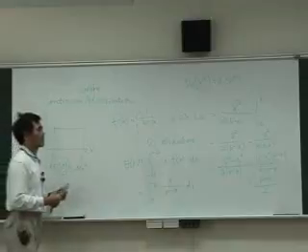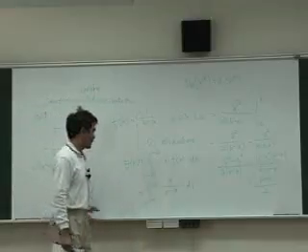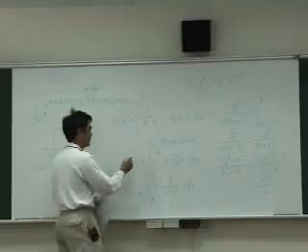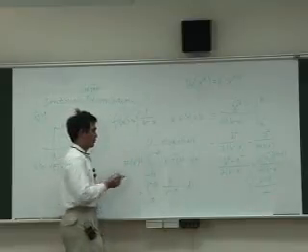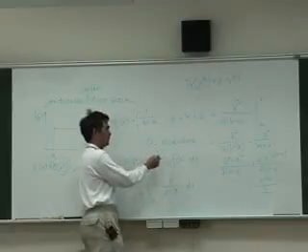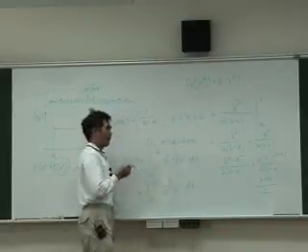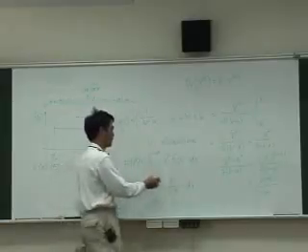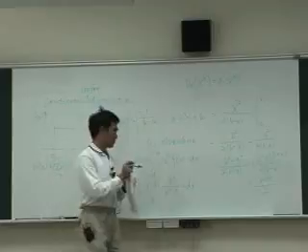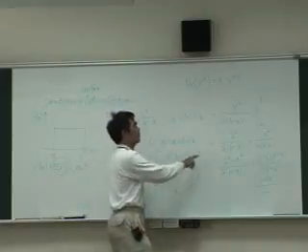Questions? Okay, so here now we are going to get the expectation of x squared, right? So you have integration from a to b, x squared f(x) dx. And of course this is going to be x squared.